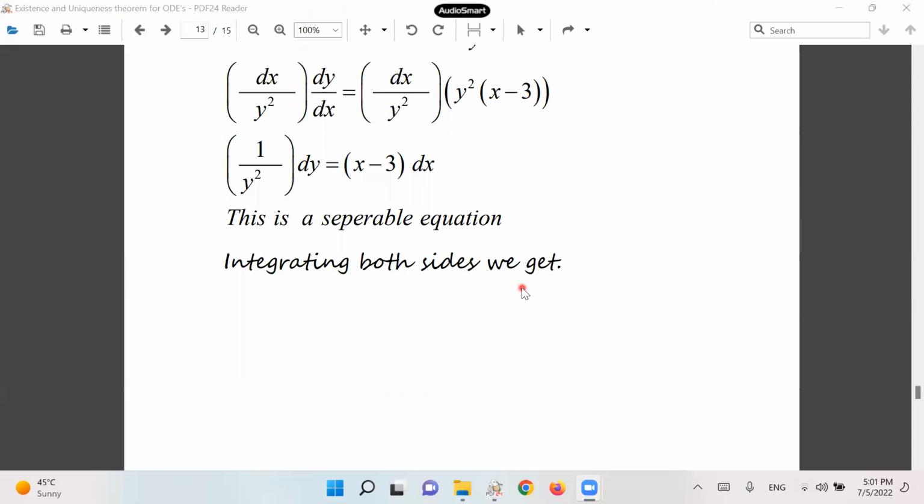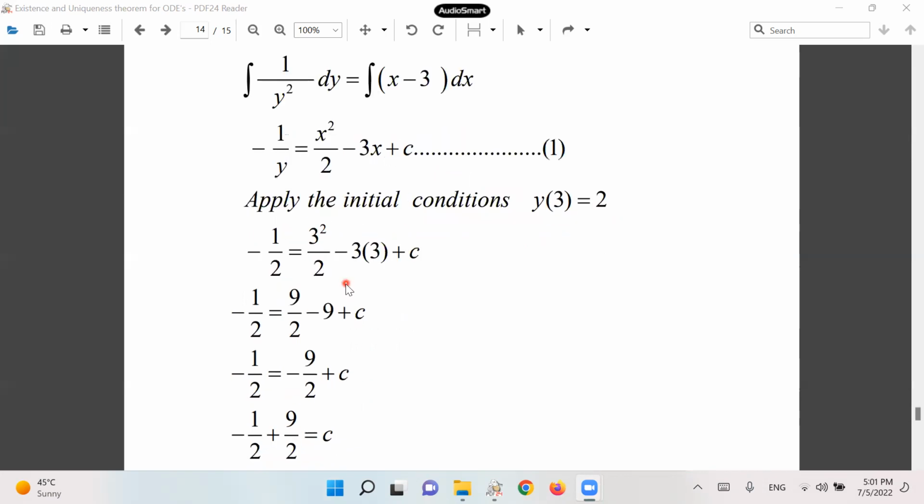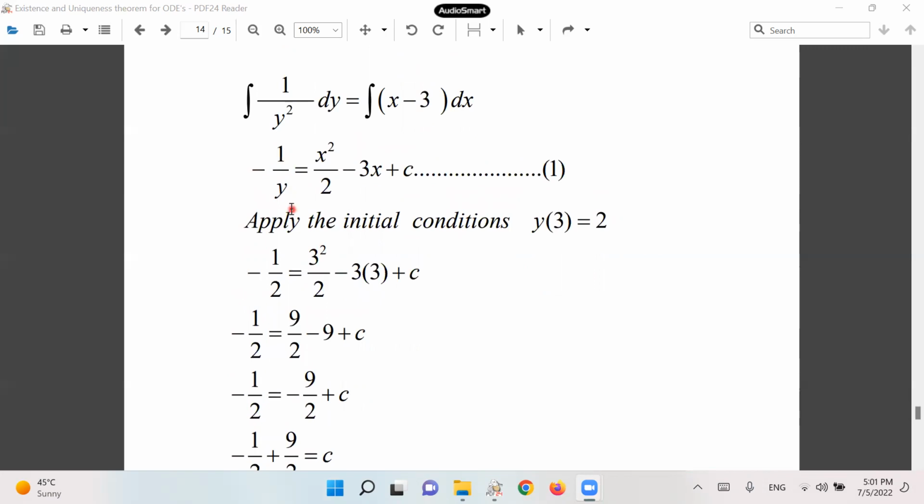Now integrate both sides: 1 over y square integrated with respect to y, and x minus 3 integrated with respect to x. When we integrate them, we get minus 1 over y equals x square over 2 minus 3x plus the constant of integration.